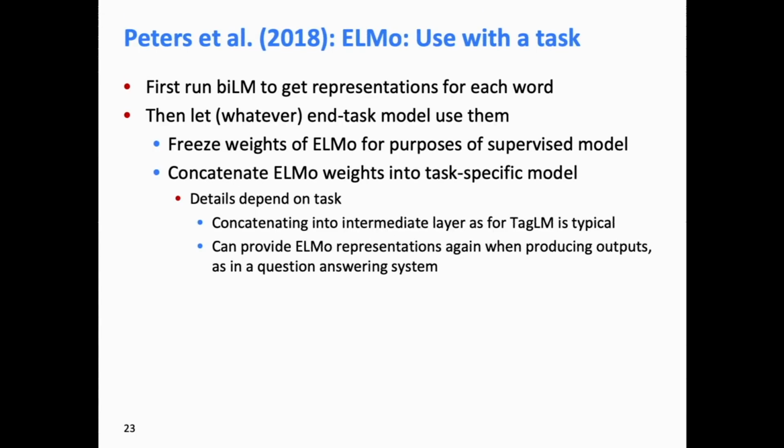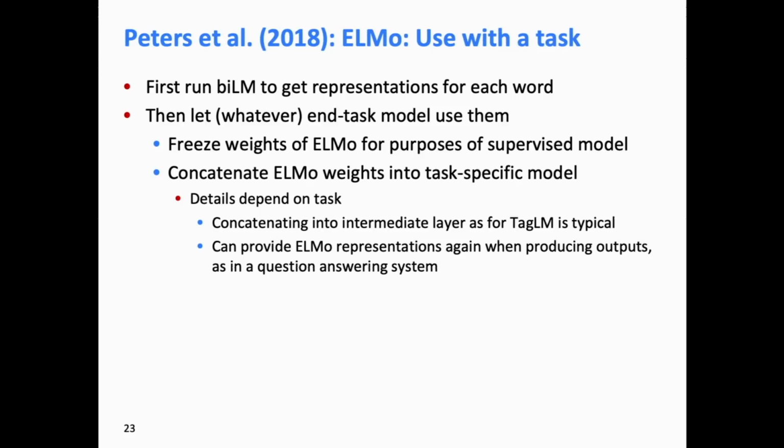So you run your BiLSTM before to get representations of each word. And then their generic ELMo recipe was, well, with that frozen language model, you want to feed it into some supervised model depending on what the task was. And they sort of say in the paper, well, how you do this maybe depends on the task. You might want to kind of concatenate it to the intermediate layer, just as the TAG-LM did.